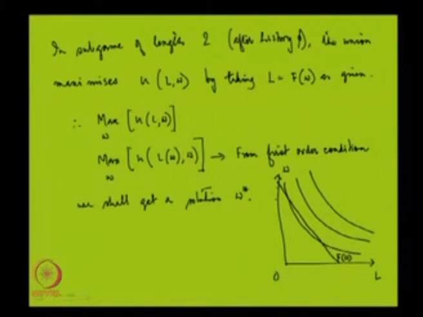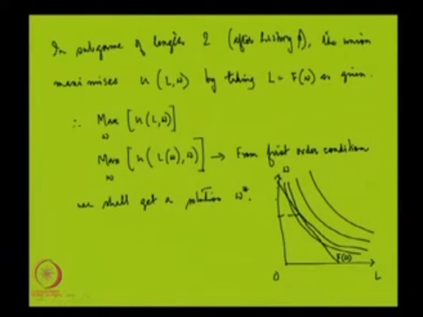Now, taking this as given, the union wants to maximize its utility, and remember the indifference curves which are to the northeast represent higher levels of utility, and therefore the union wants to reach or touch as high an indifference curve as possible, and again this is going to happen at the point of tangency.